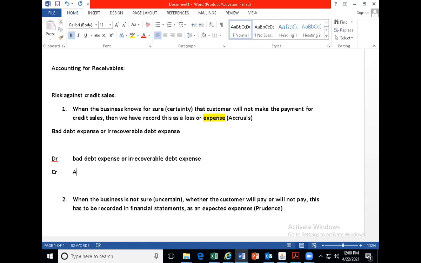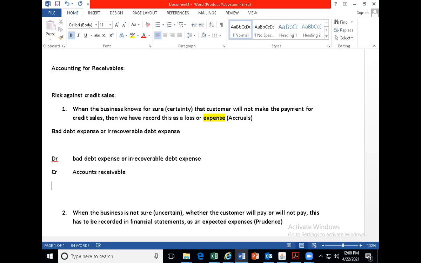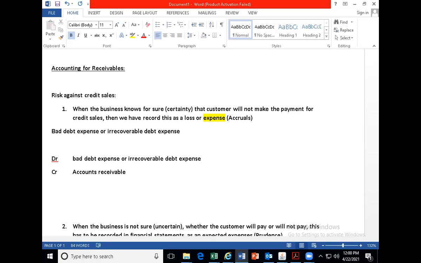We credit the accounts receivable, or you can call it the trade receivable account. Okay, and this process is defined as writing off of a receivable.